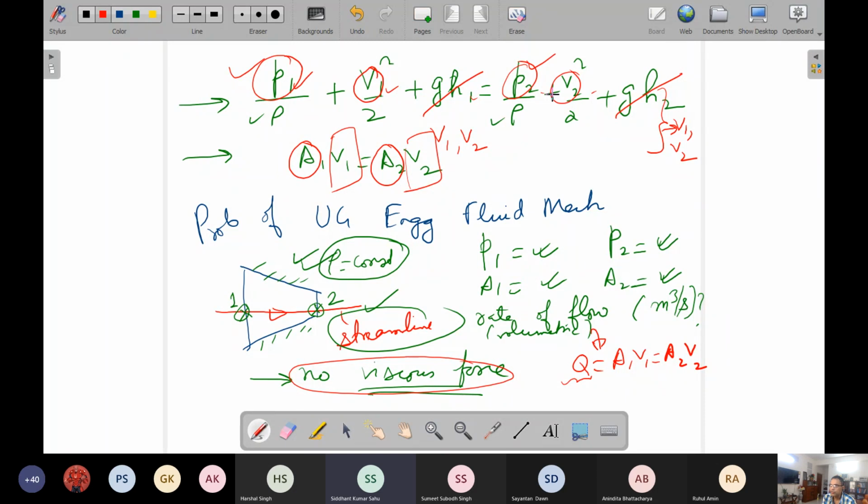So in the first equation, 1 and 2 are points, whereas in the second equation, 1 and 2 refer to areas. That is the primary contradiction, not whether on the same streamline or not. That you have to first recognize. Sir, if the duct is thin enough, then maybe it can be done.